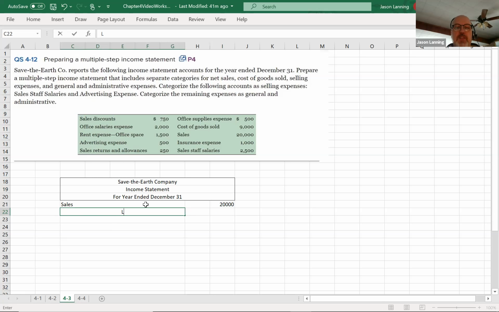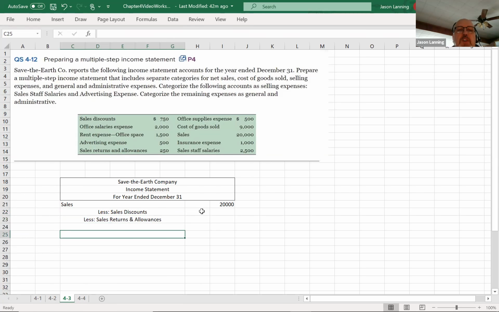So we'll take less sales discounts and less, let's see, what do we have? We have sales returns and allowances. Okay, so our sales discounts that we have here, let's see, they're $750. Our returns and allowances are $250.